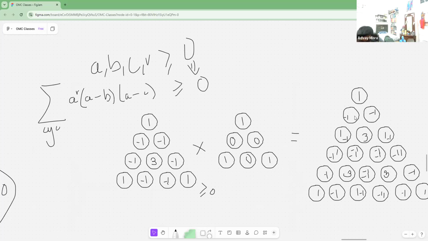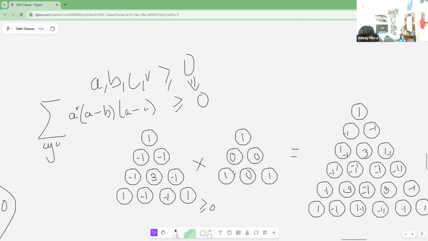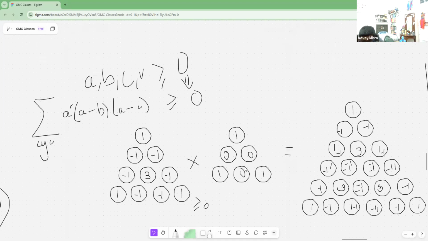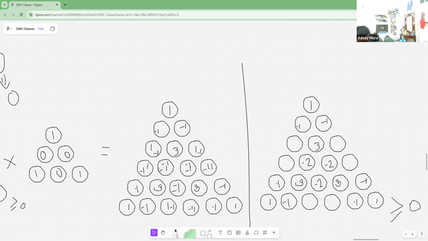Then this -1 corresponds to these 3 negative ones. This 3 corresponds to these 3 3s. So you get this triangle, and then you just sum up all the numbers within each circle over here. In practice, just to be clear, you don't need to always draw the circles with Chinese notation.